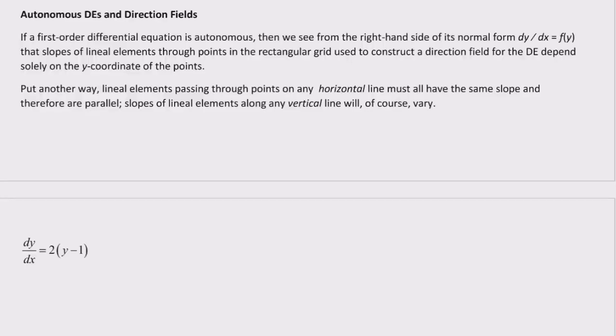Okay, so this next part is an interesting property about autonomous differential equations and the direction fields related to them. Before I get to what's interesting about that, let's get a picture of this. dy/dx equals 2y times (y minus 1). Let's jump over to our resource and type that in.